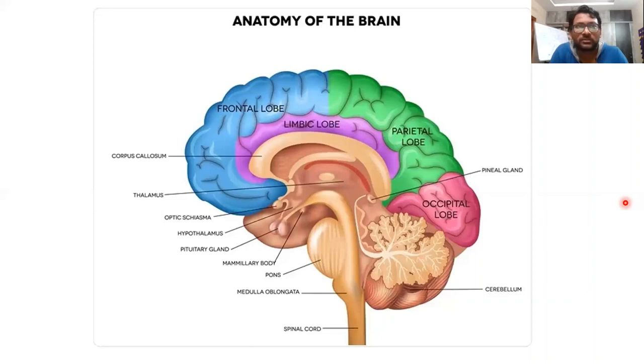So this is about the hypothalamus, and let's see what the limbic lobe does. The limbic lobe does a major function. It contains structures surrounding the brain stem. You can see this is the brain stem, and the limbic system is like a cover around it.